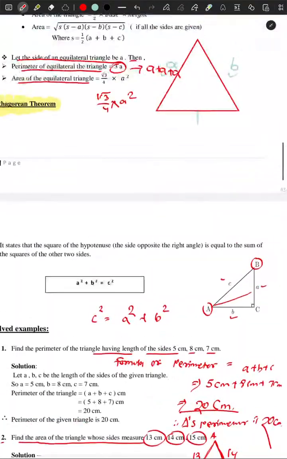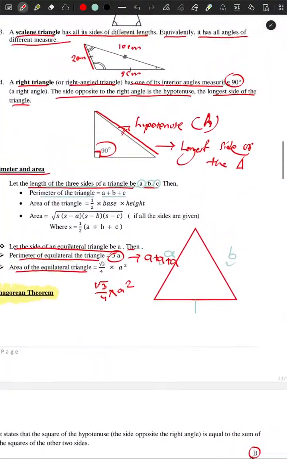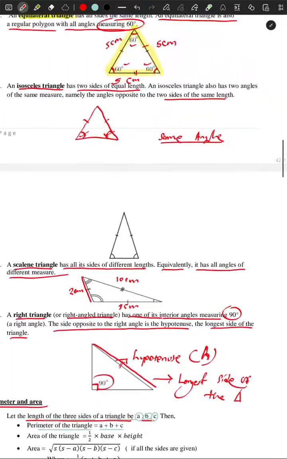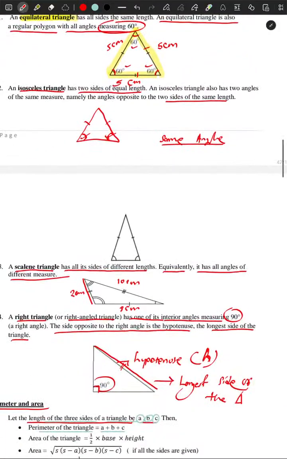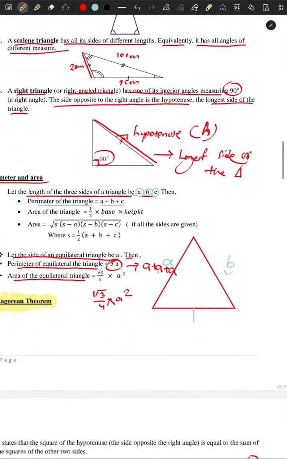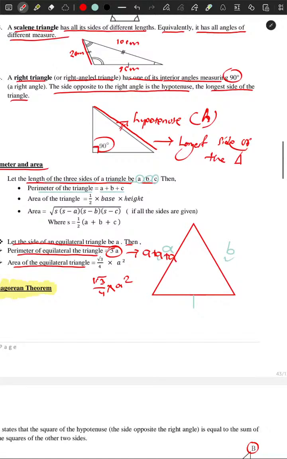Previously we observed that the formula of the area of a triangle, if all sides are given, is the area equal to the root of s into s minus a into s minus b into s minus c, where s is half into a plus b plus c.